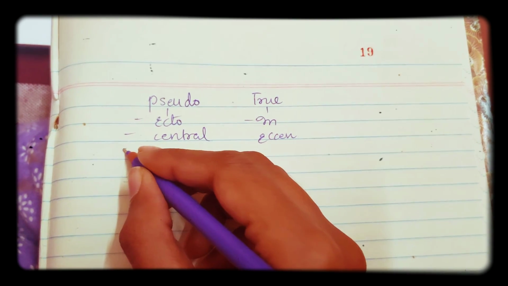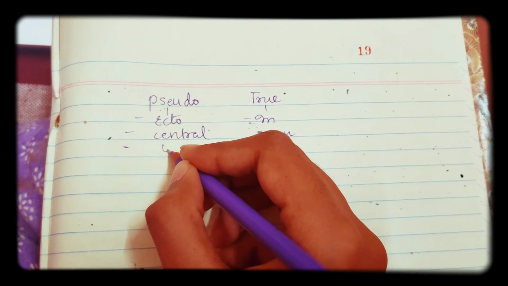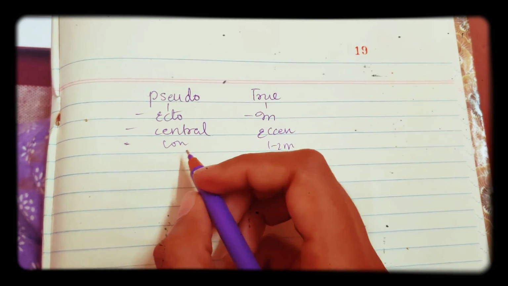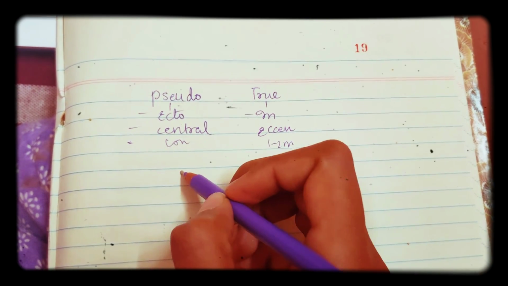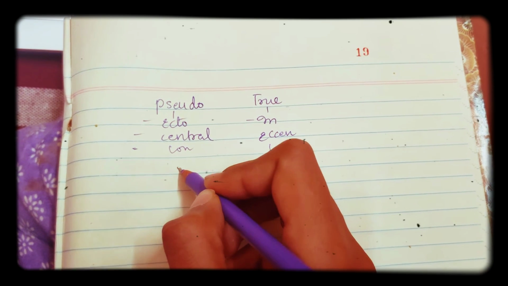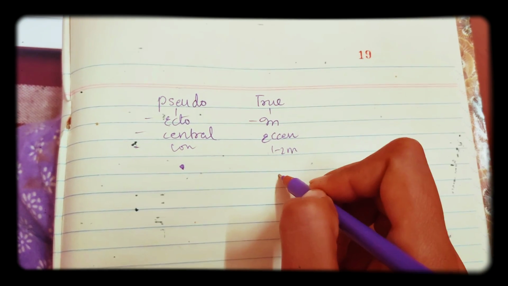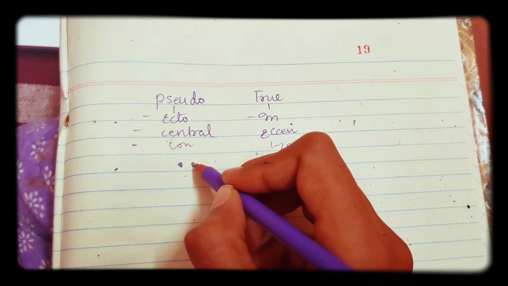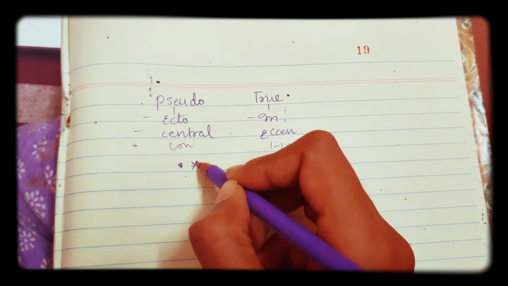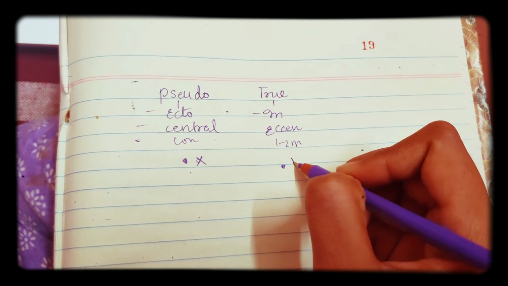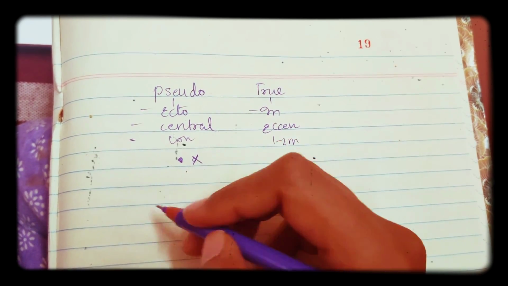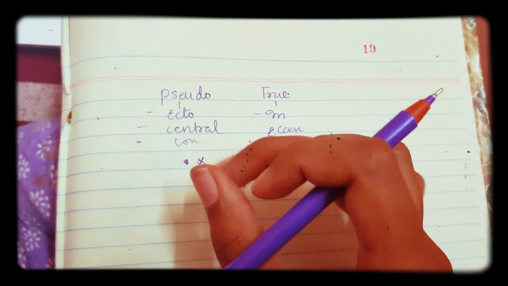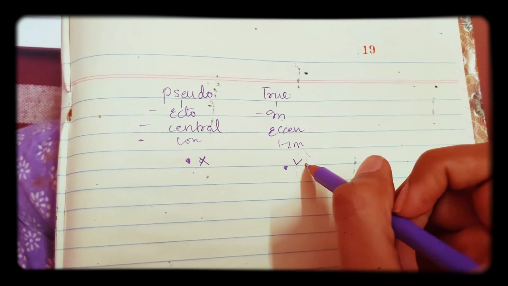The pseudo sac is constant in size, while the true one will grow 1 to 2 millimeter per day, and it will show a double decidual sign. Here yolk sac is absent, here yolk sac is present, and the pseudo one will never get a double bleb sign because it will not form amniotic and yolk sac, but here double bleb sign can be seen.